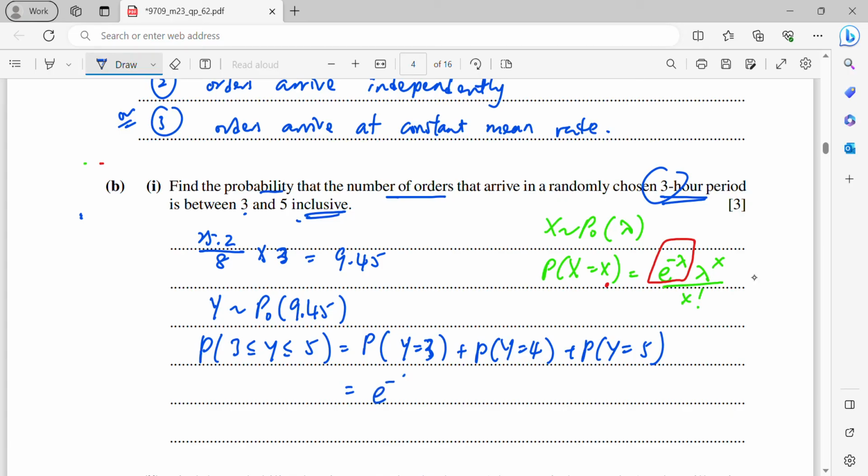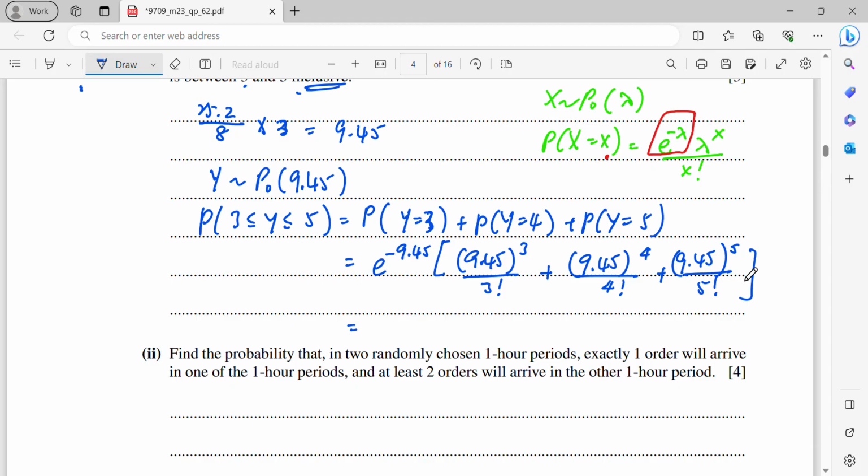So I will get e^(-9.45) times [9.45^3 over 3 factorial, plus 9.45^4 over 4 factorial, plus 9.45^5 over 5 factorial]. When you calculate all of this, I will be getting 0.0866. So that's the solution of this question.